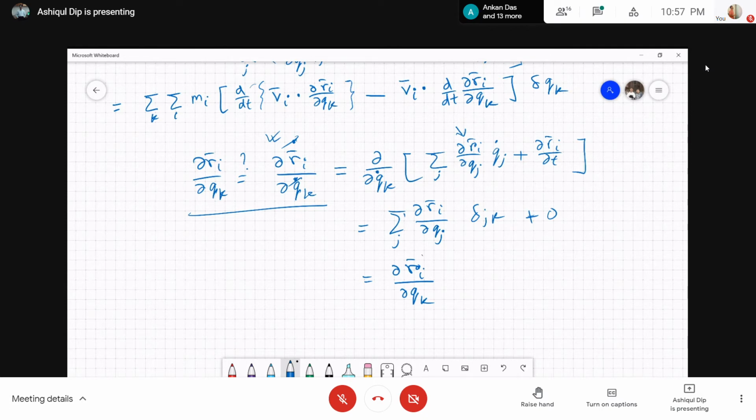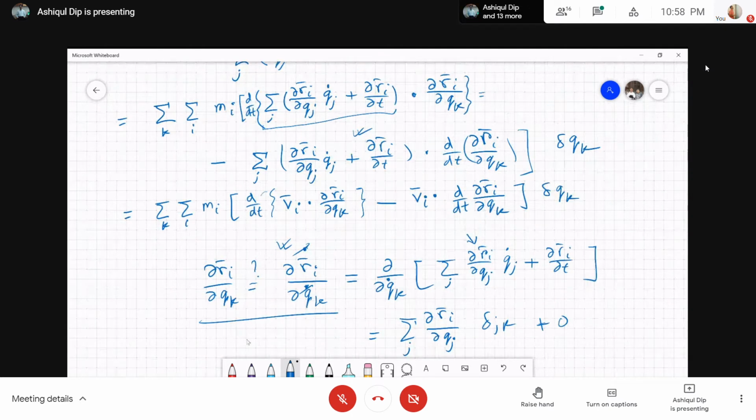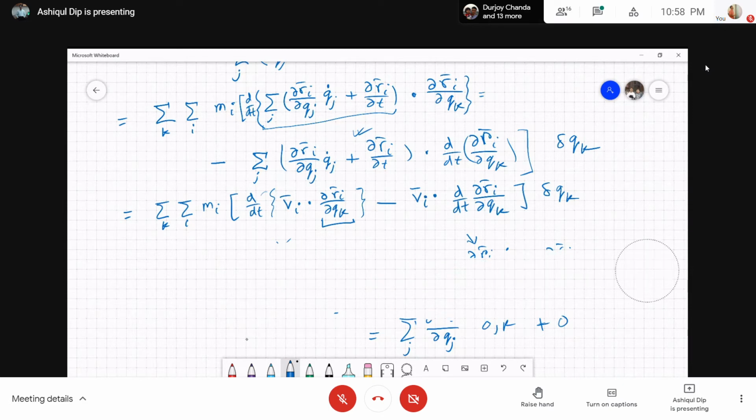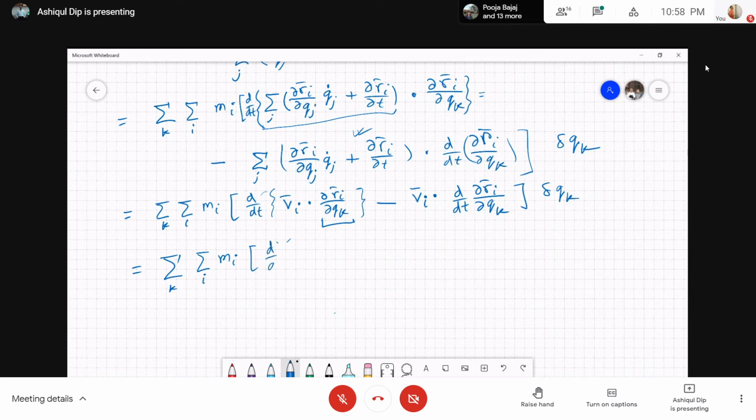So we have this term, ∂r_i over ∂q_k, and we can add two dots over there. If we do that, we get sum over k, sum over i, m_i, and then d/dt of v_i dot ∂r_i dot over ∂q_k dot.